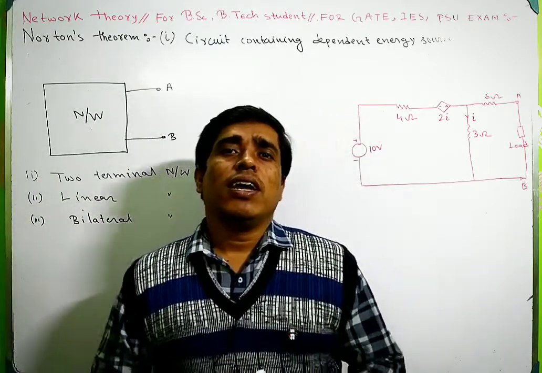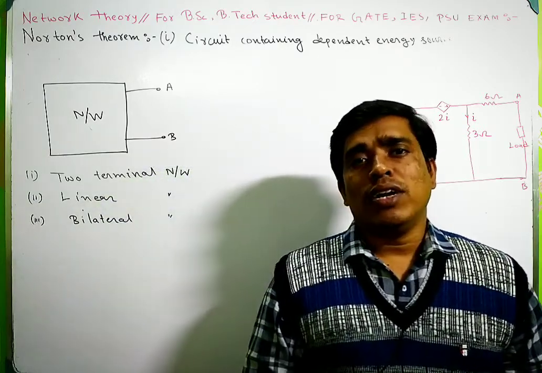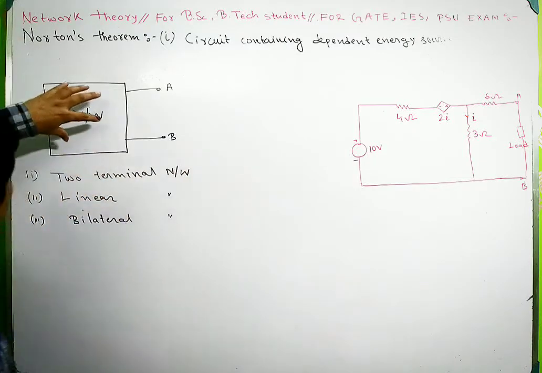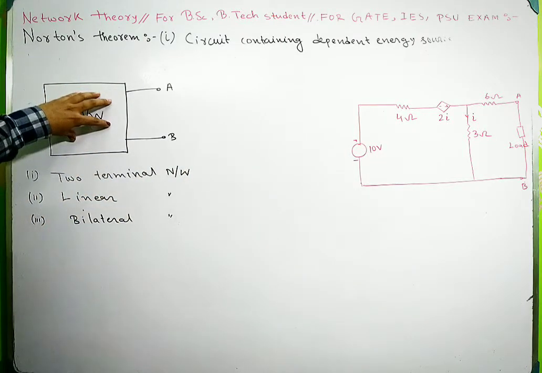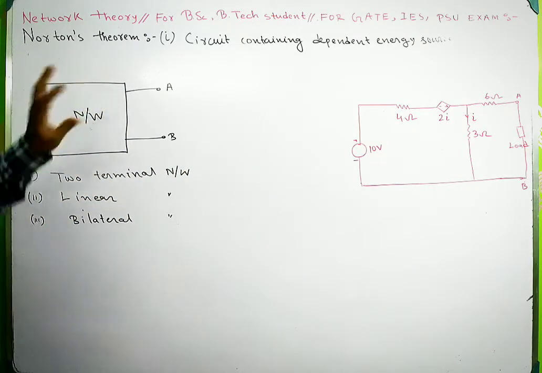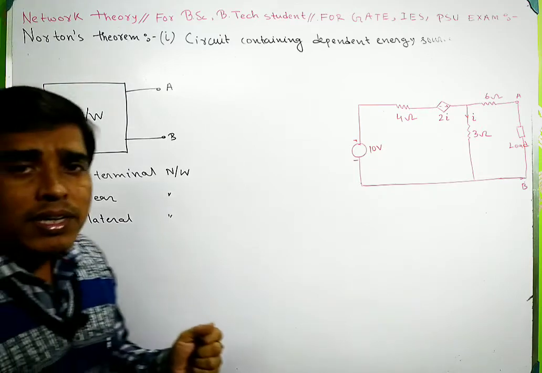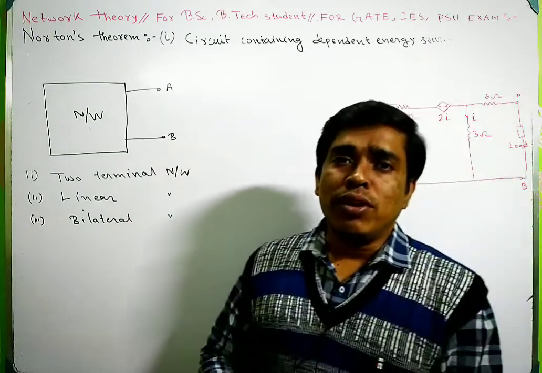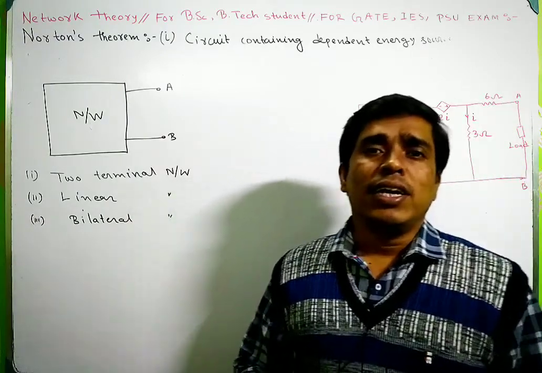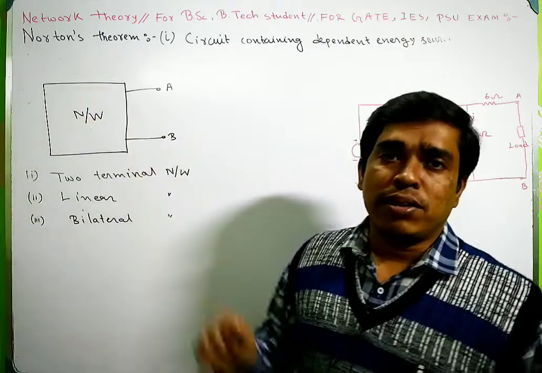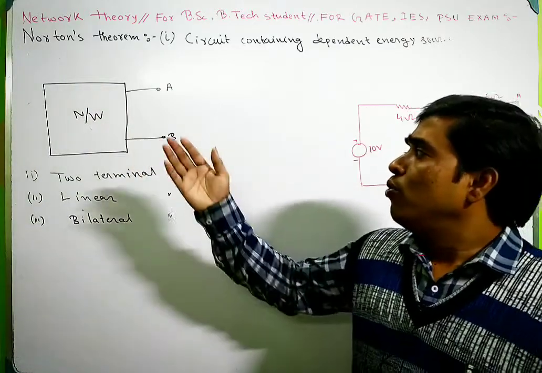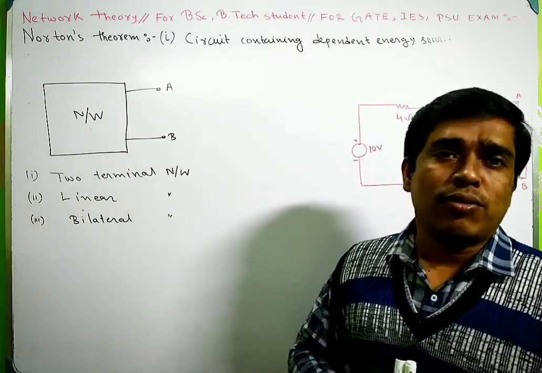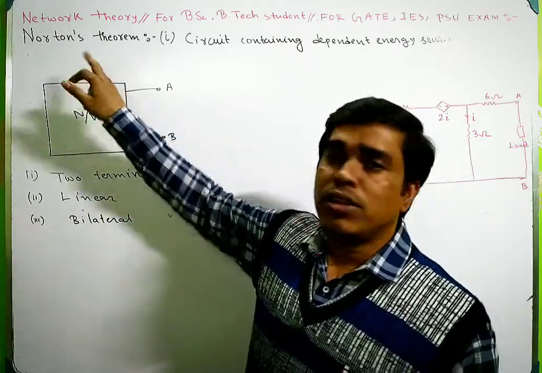It may be a dependent or independent energy source. So this network looks very complex, so it is very difficult to calculate the current, voltage or power in a specific circuit element. That's why we should transform it into a simple network by using Norton Theorem.